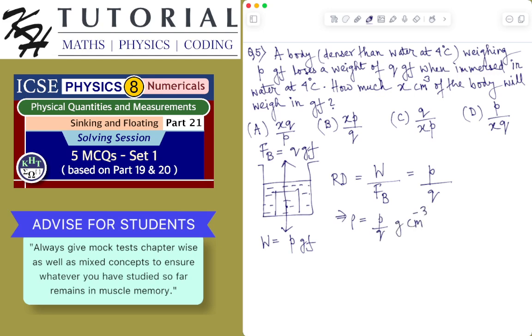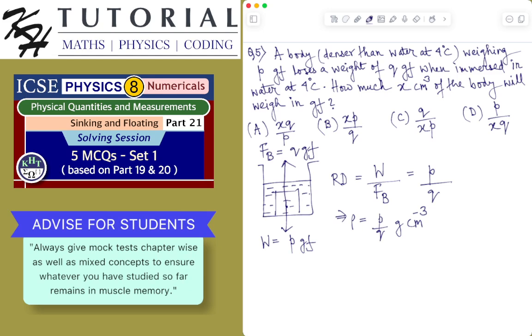If P by Q is the relative density, then the density is P by Q gram per centimeter cube.